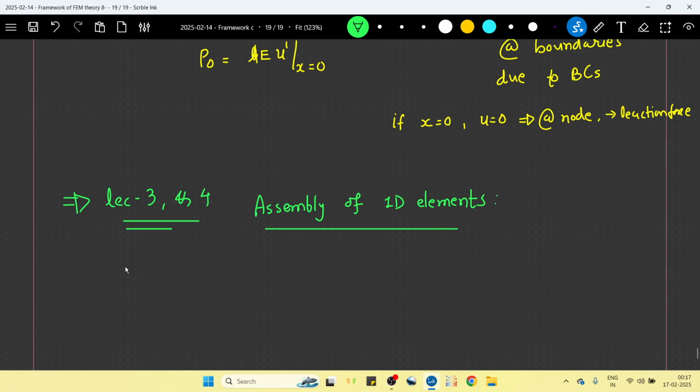The first step is we get the element level equation. We write the element level equations for each element. If we have n number of elements, then we need to write it for n number of elements.